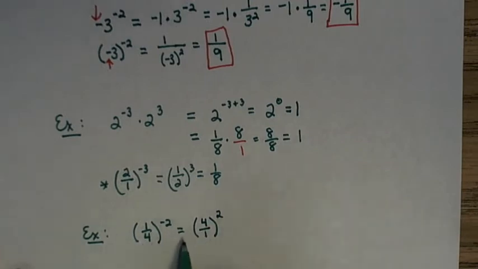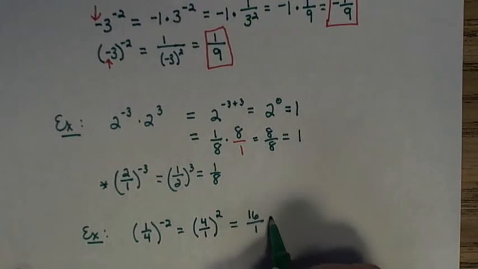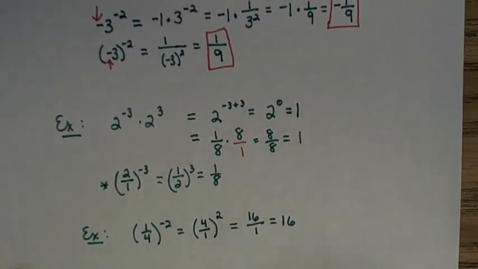So this applies the same way. And so we end up with 16 over 1, or 16. Again, raised to the power, we actually square the numerator and the denominator. The denominator just stays 1. And so we get 16.